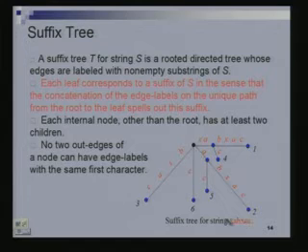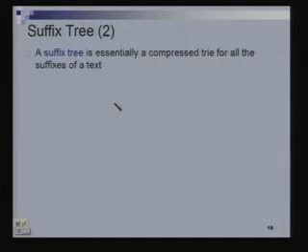AC, starting position 5, and so on and so forth. Okay? We put all the suffixes into a trie, and therefore we call this a suffix tree. We could also call it a suffix trie, but we are calling it a suffix tree. So it's essentially a compressed trie for all the suffixes of the text.